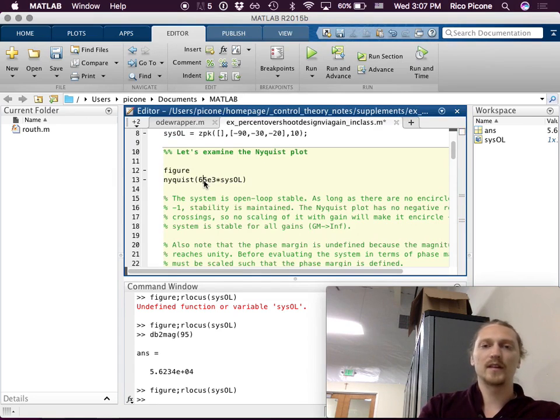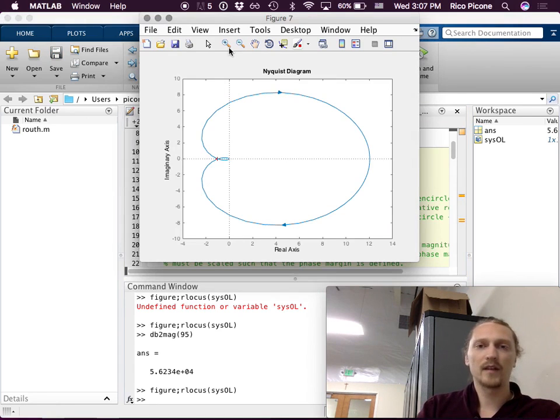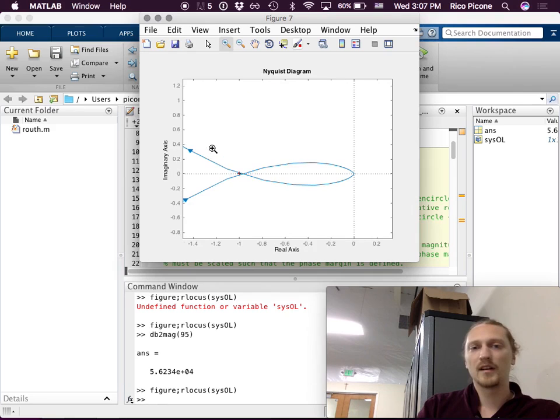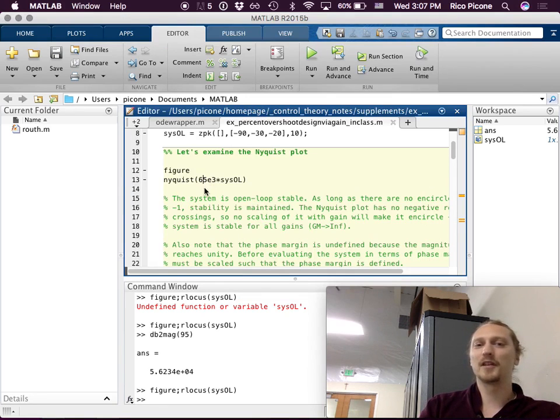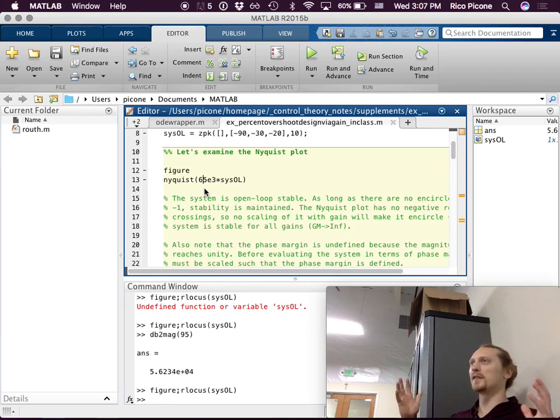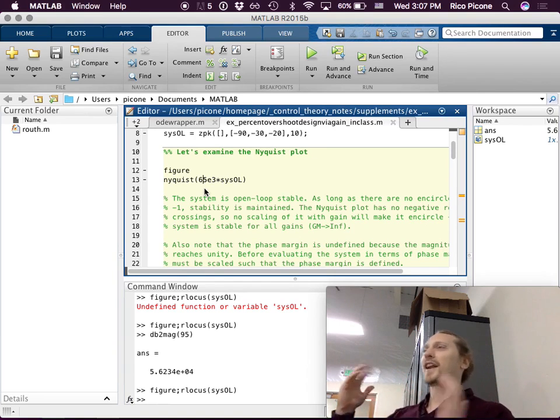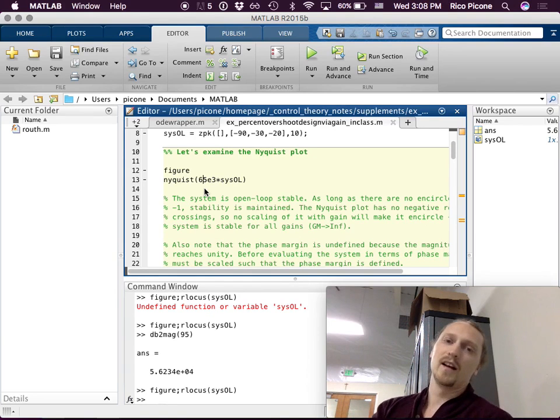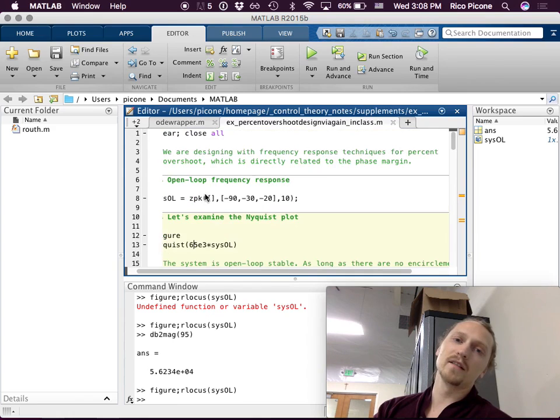Let's do like 65,000. So we could interpret this from the Nyquist plot. We have lots of ways to cut it now, but the more ways you can analyze the system, the better, the more intuition you're going to have for it and how it's going to behave.